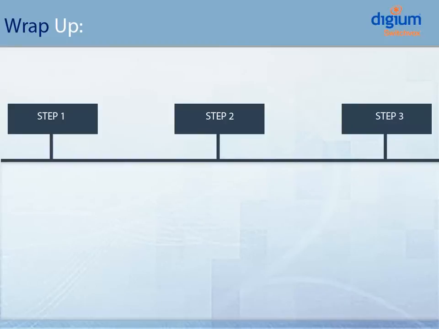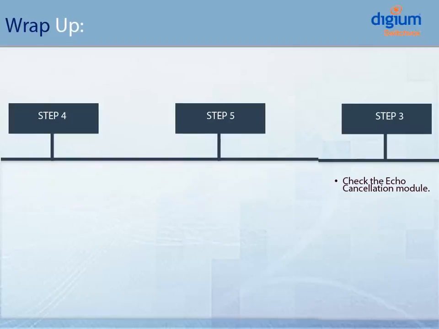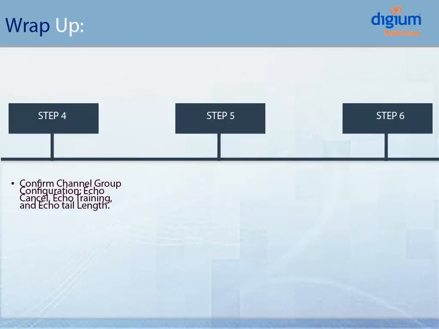Now let's run through what we have learned today. So in step 1, you need to follow your initial steps video and gather the pertinent information about the call quality issue. In step 2, you will need to get a call recording, listen to the call recording so you can identify the issue. In step 3, you need to check the echo cancellation module. In step 4, you will confirm the channel group configuration, echo cancel, echo training, and echo tail length.